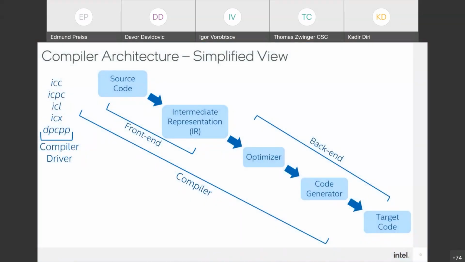So a few words about the packaging of the compilers. I want to give you a few basic insights on the compiler architecture. In any modern compiler there is usually a compiler driver, which is a command which you use to run the compilation process. And this tool may do a lot.